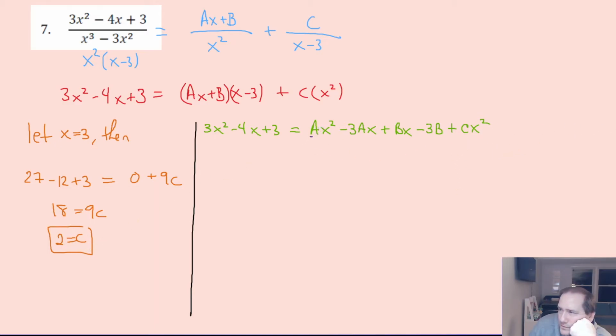So quadratic term, a plus c times x squared. Linear term, so negative 3a plus b.